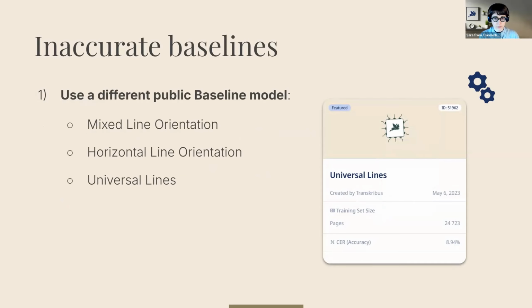The one used by default by Transkribus is the mixed line orientation model. So this is the one used when you start a text recognition with a model. But there are also other public models available. Here I have listed the one trained by us and the most popular ones, but there are also other baseline models trained by users and models that users decided to make public.